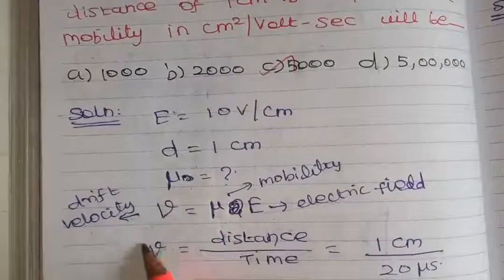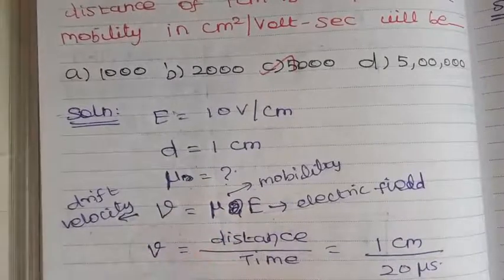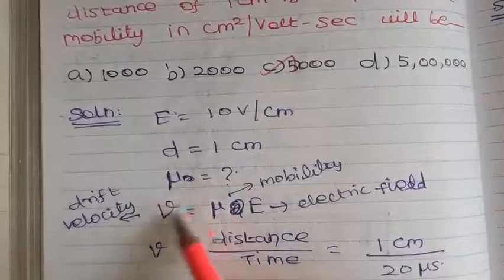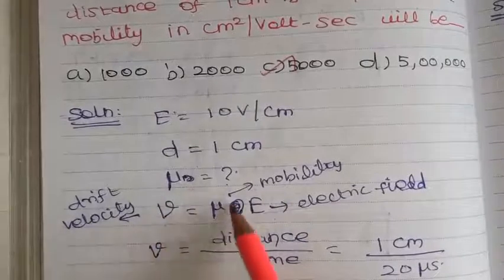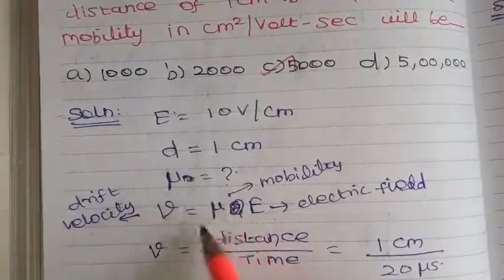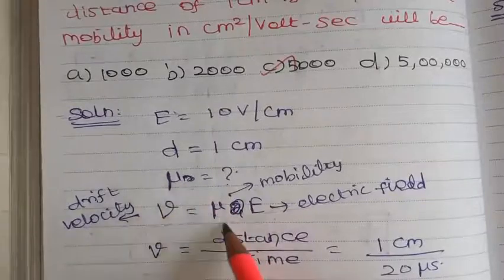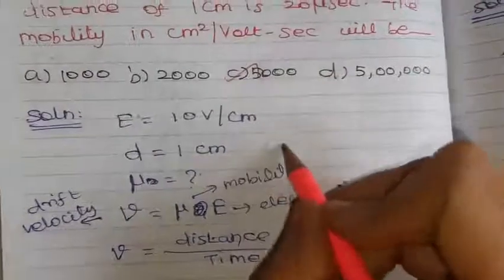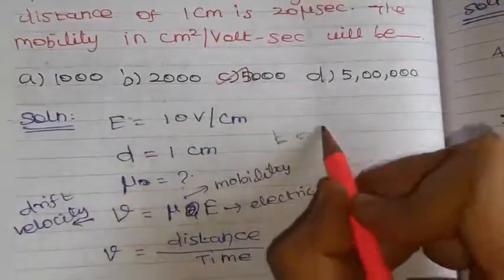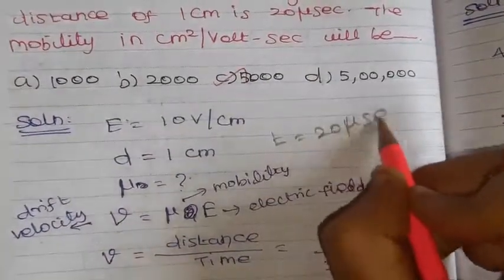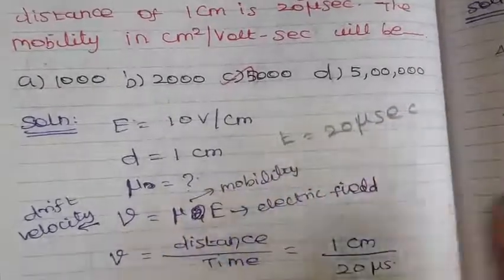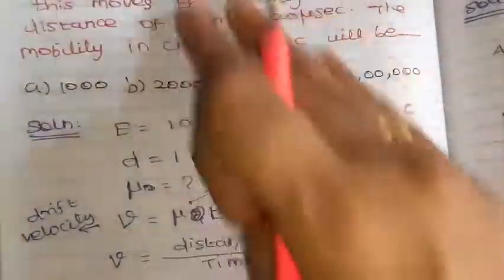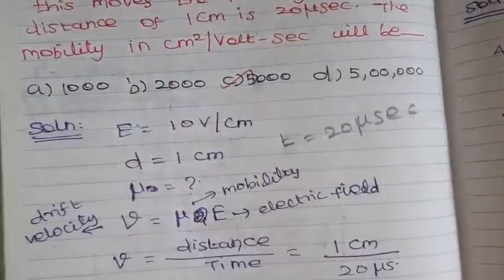Before that, we are going to find out the drift velocity, and from that we will be able to find the mobility value, right? The E value we know. The time is also given, and that is necessary, very sorry guys. The 20 microseconds time value is also given. All data given in the problem we have written here.